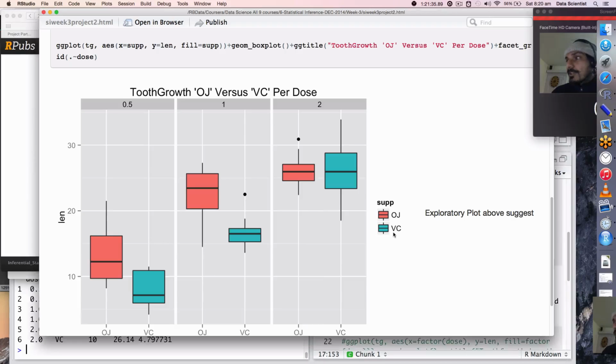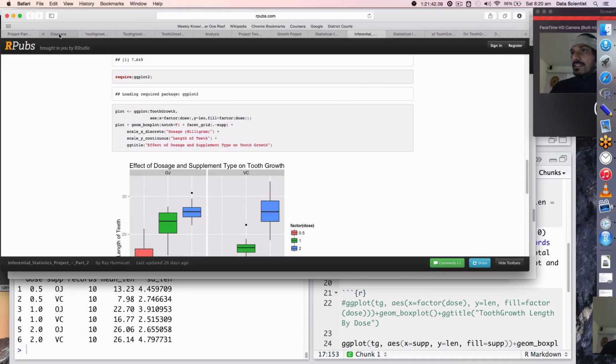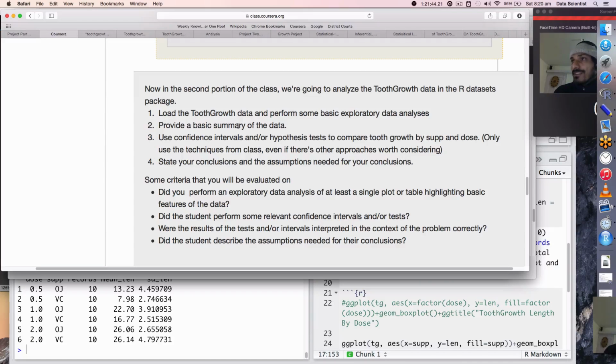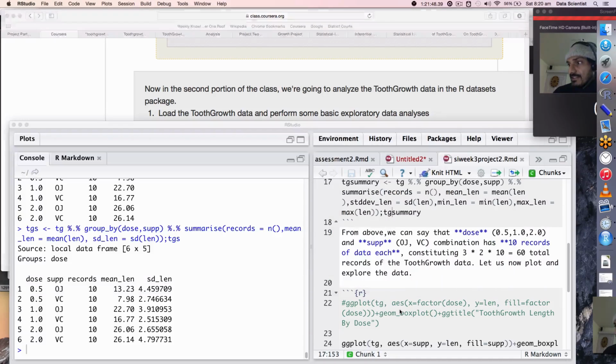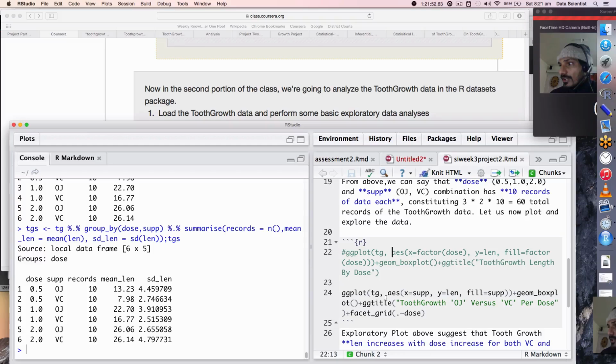So coming back to our question, what was it that we needed to do? He says perform a basic summary and then perform some basic exploratory data analysis. So what I've done is I have used a ggplot command. Just to remind you, with ggplot you first mention the data, then aesthetics, which means x-axis and y-axis.